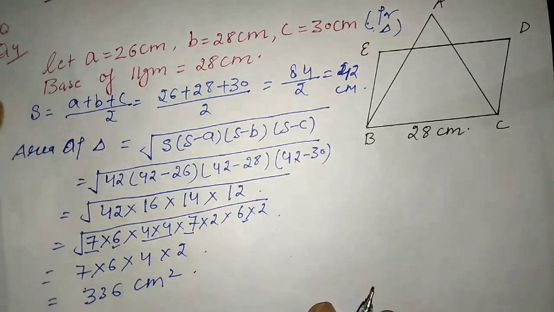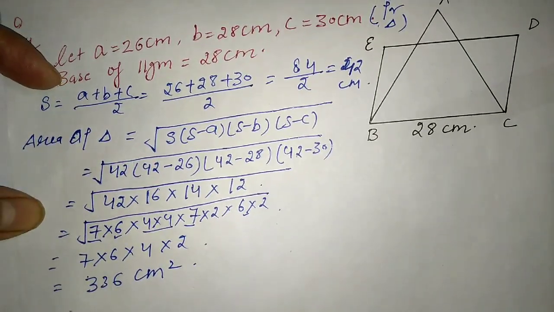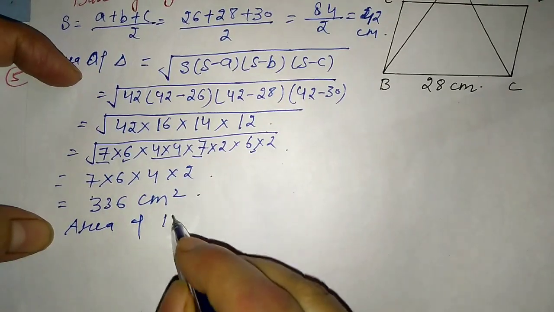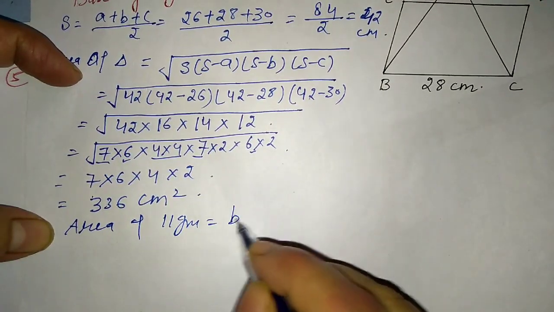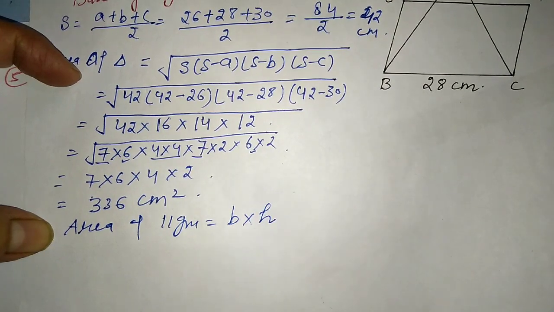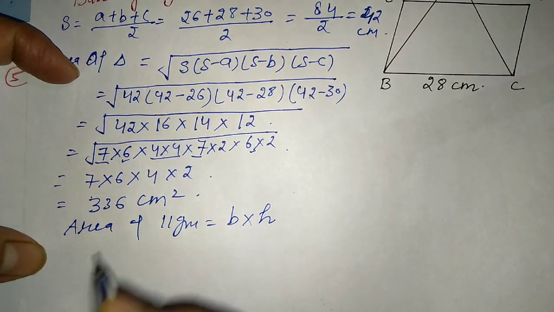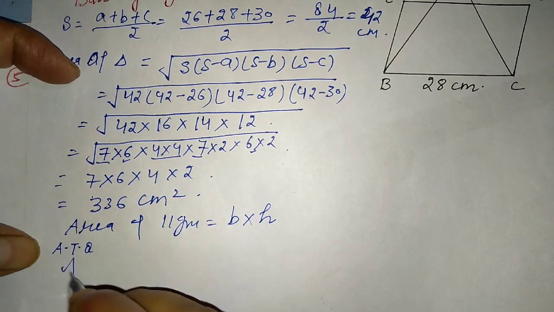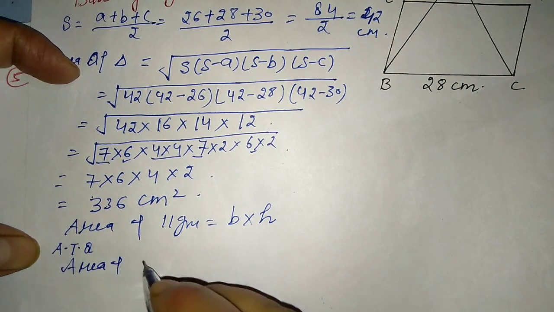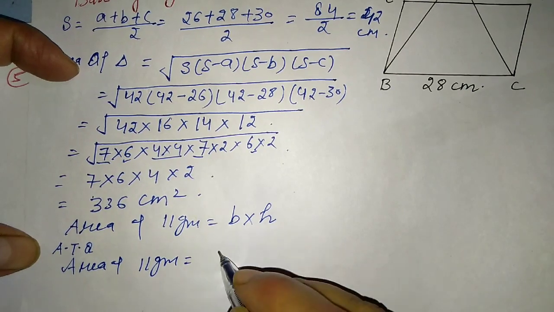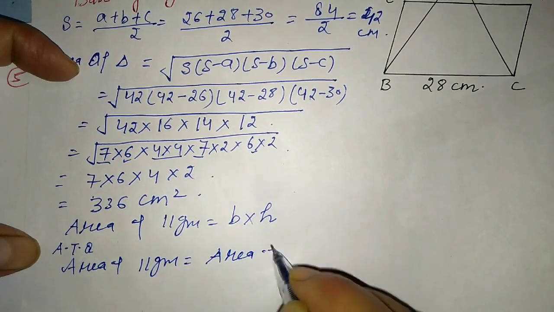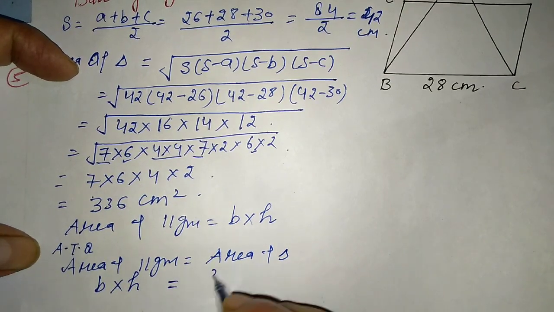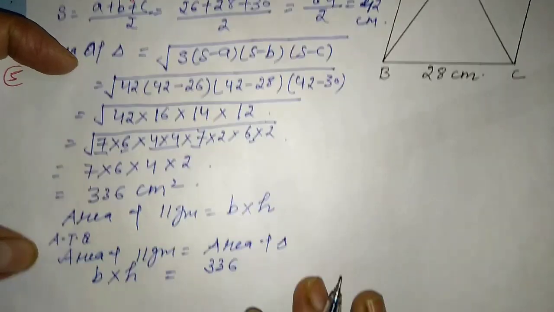Okay. Now we know that area of parallelogram is equal to base into height. And what is given in the question? According to the question, area of parallelogram is equal to area of triangle. The base into height is equal to 336.